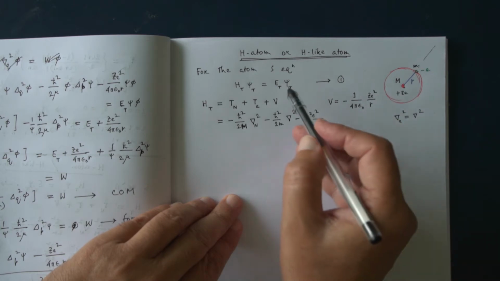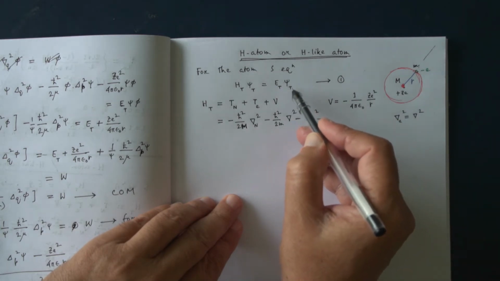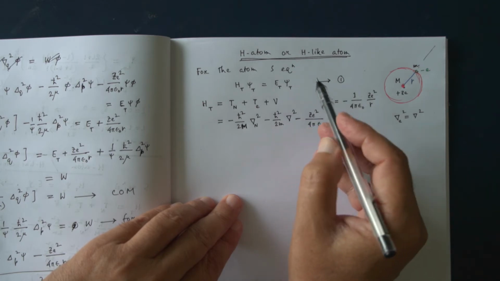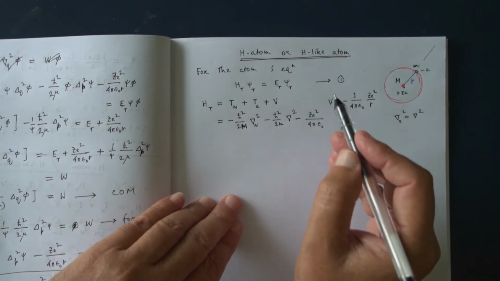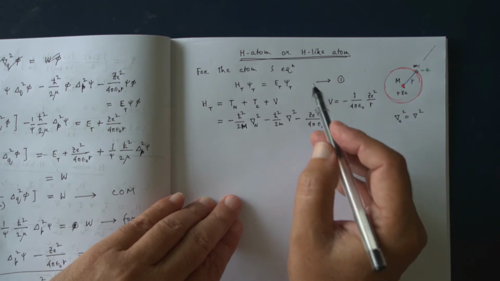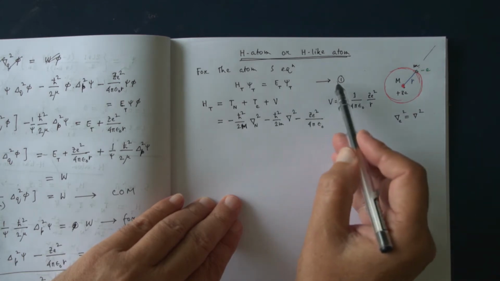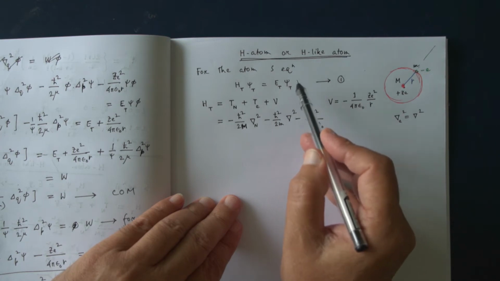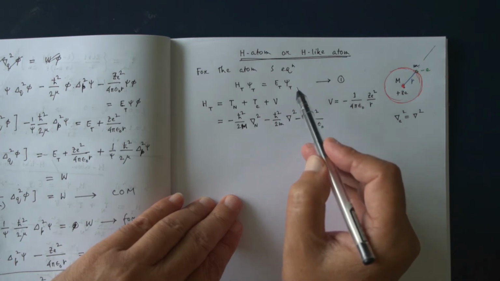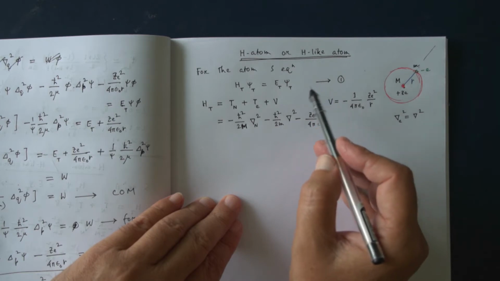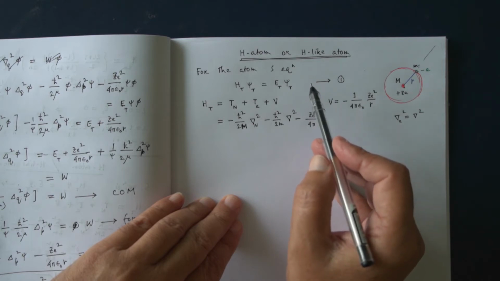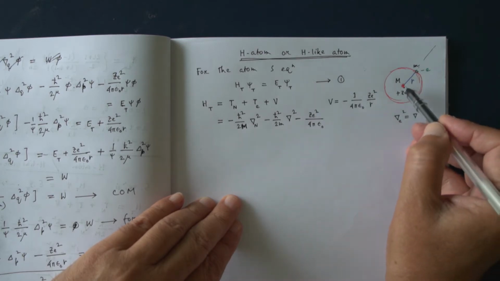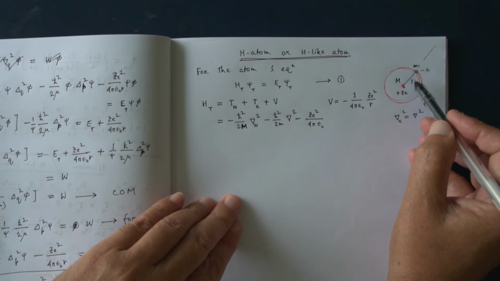In that case, this wave function psi_T will be a product of two independent wave functions. I repeat, I can divide this equation into two parts, one equation for the nucleus and the other equation for the electron, when they are independent of each other.